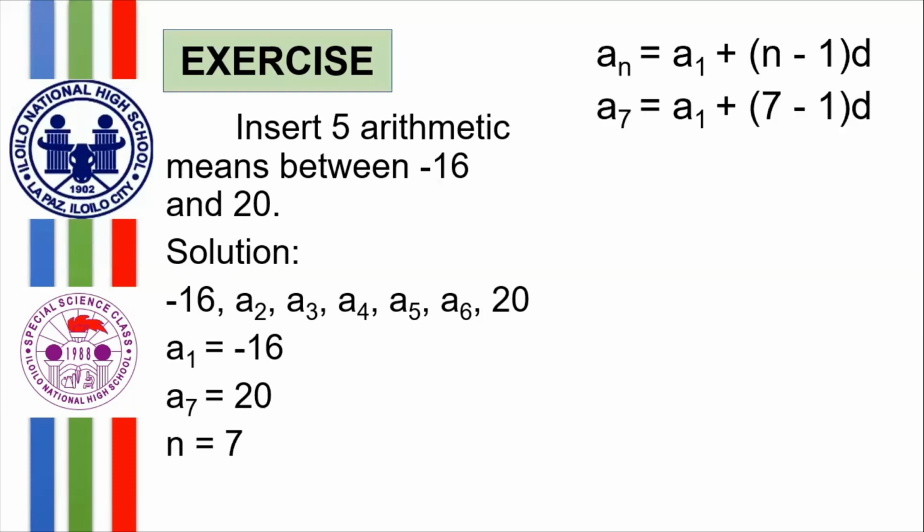Replacing all n's by 7, you have a sub 7 equals a sub 1 plus the quantity 7 minus 1 times d, or a sub 7 equals a sub 1 plus 6d.